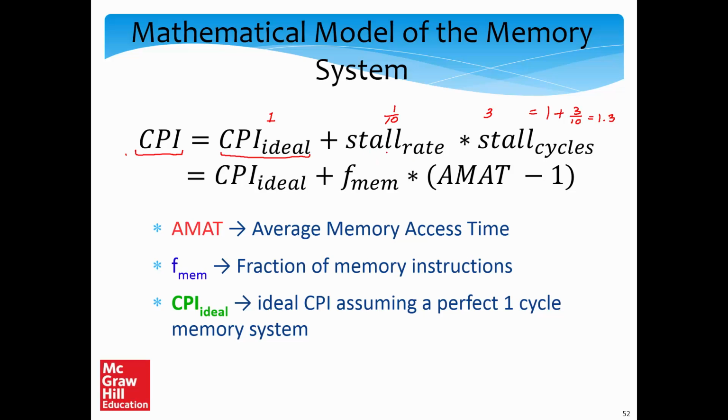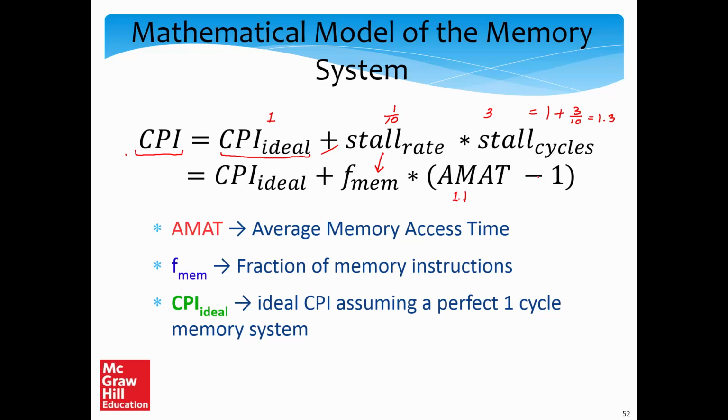If we assume that every instruction that goes to memory can potentially stall, then we can equate the stall rate times stall cycles with Fmem, the fraction of memory instructions, times the number of stall cycles. If all the memory instructions hit in the L1 cache, then the stall cycles is 0. But say on average, for all the memory instructions, the average memory access time, AMAT, instead of 1 cycle is 1.1 cycles.